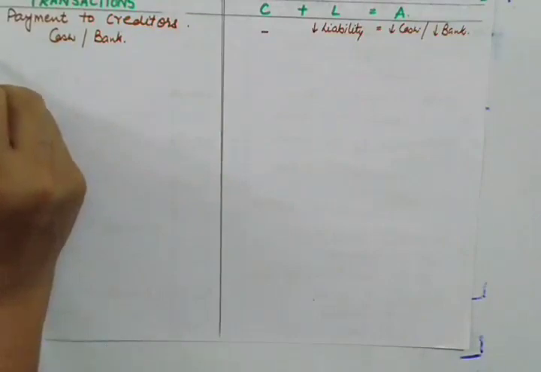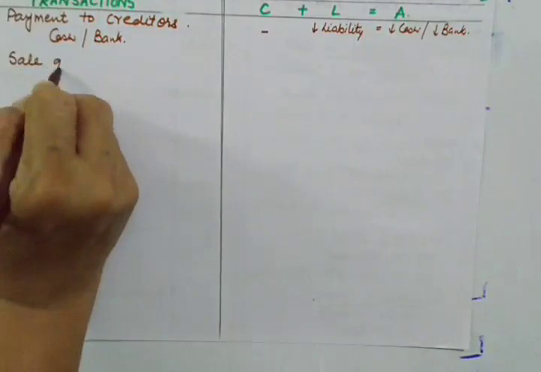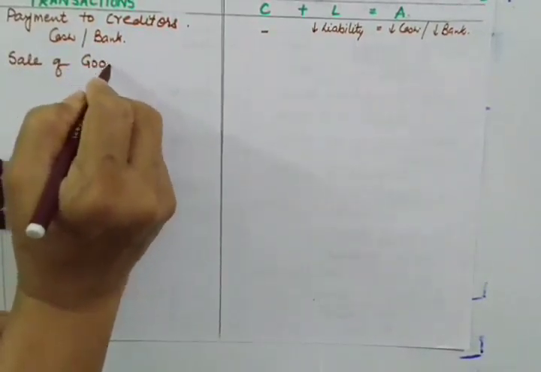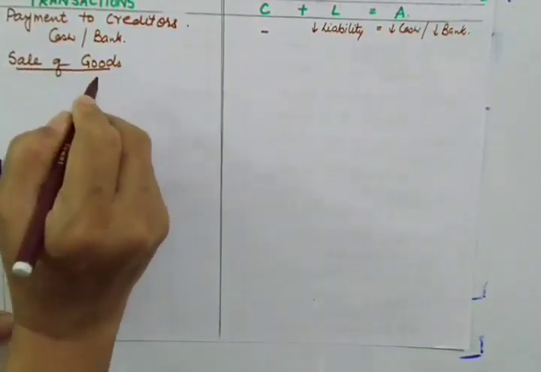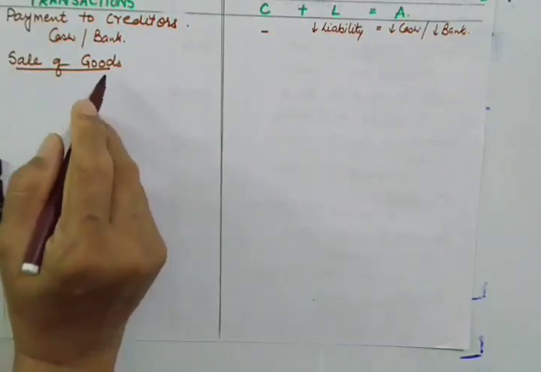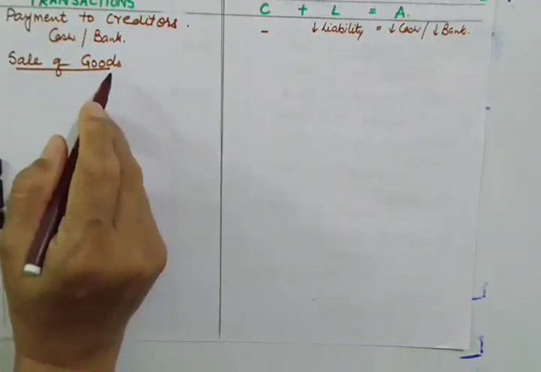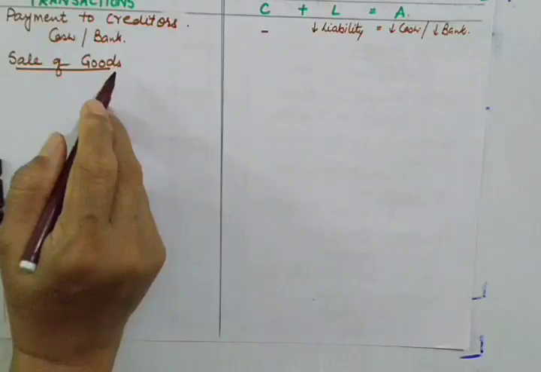Now let us move to the next transaction, and that transaction is very commonly used. That transaction is related to sale of goods. This is the main revenue producing activity of the business. So what will happen when you are selling goods?